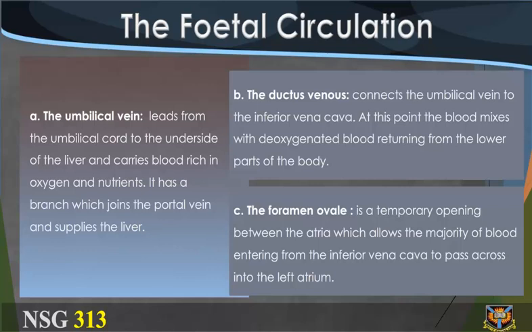C. The foramen ovale is a temporary opening between the atria which allows the majority of blood entering from the inferior vena cava to pass across into the left atrium.